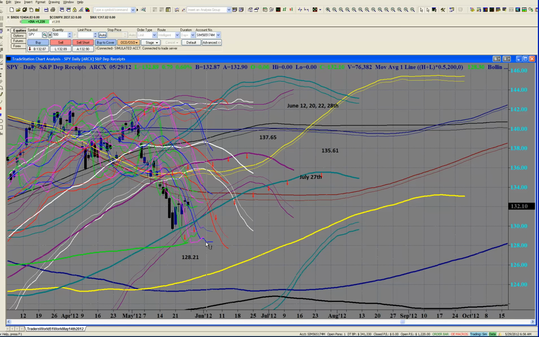And the real danger in this market is that we're basically bounded by this purple boundary.